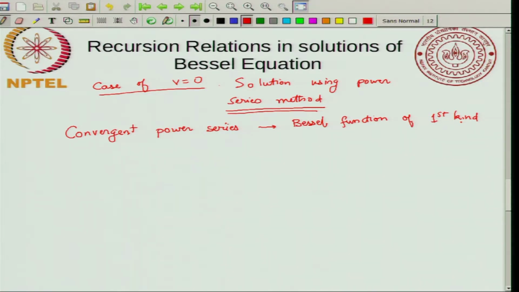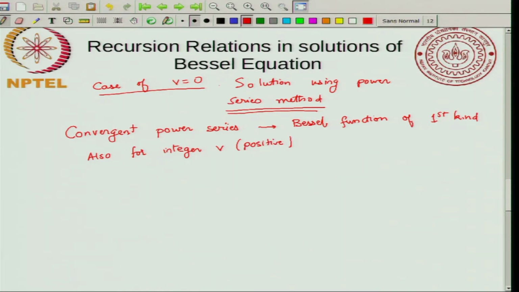So how do we understand this? The case when v equals 0 is referred to as the Bessel function of first kind. Now v equal to 0, and also for integer v. If v is an integer, we mean a positive integer, so the positive root.